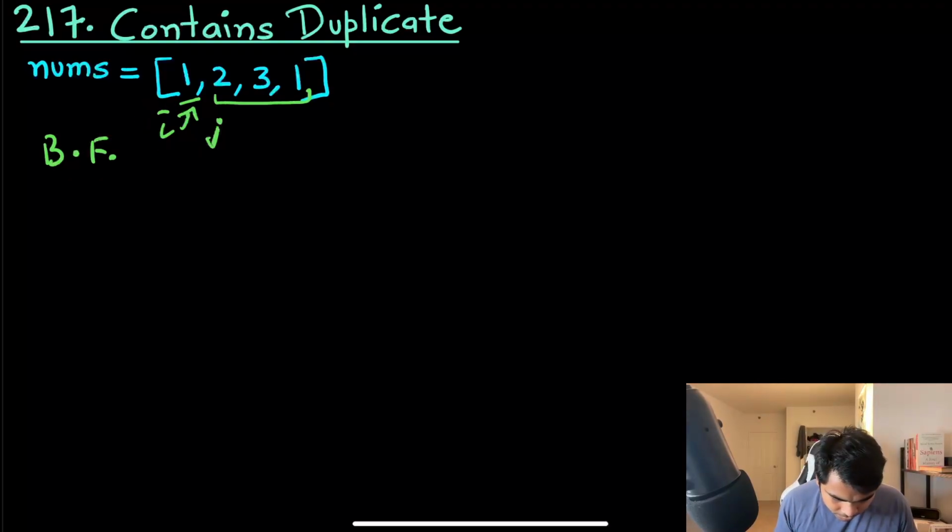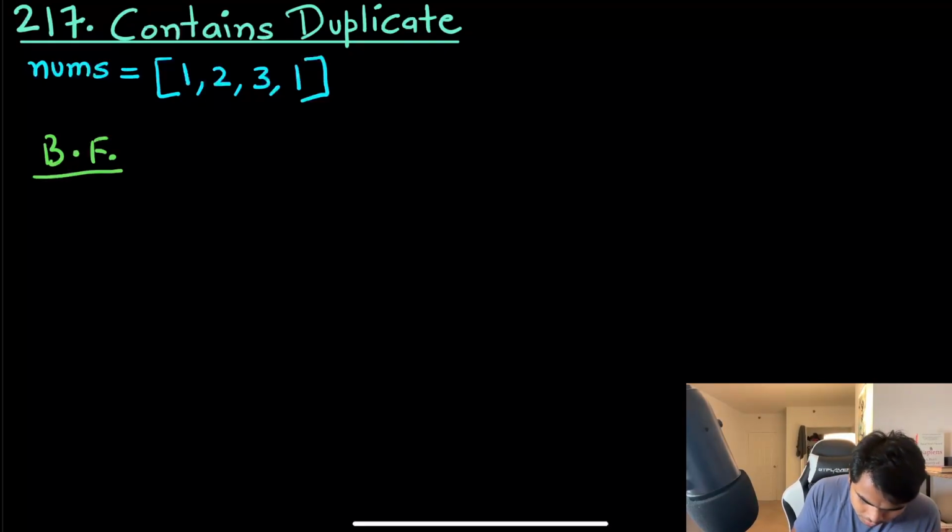For our brute force, I can simply write the pseudocode here. We'll have two for loops.